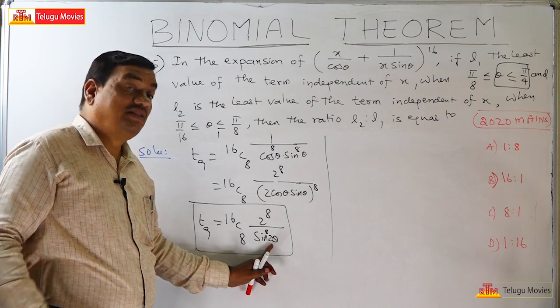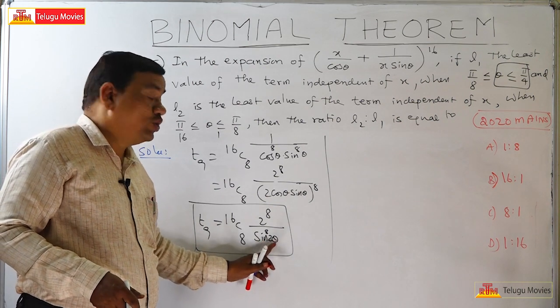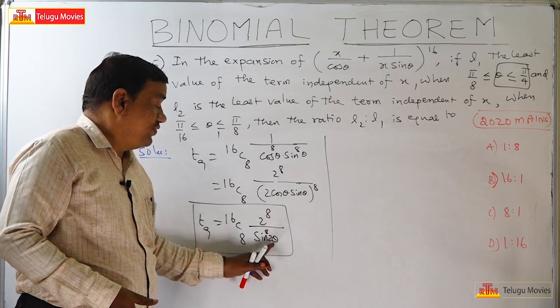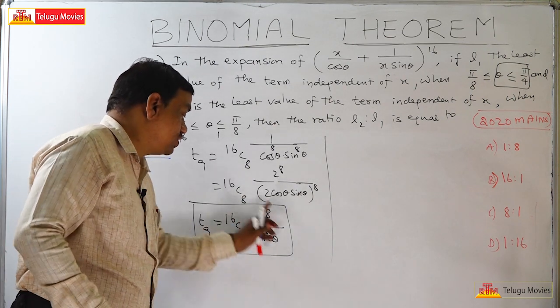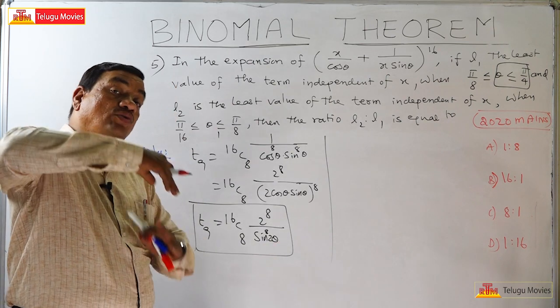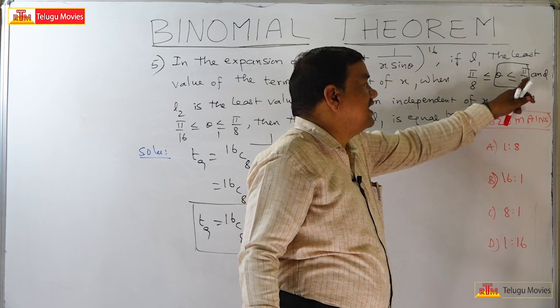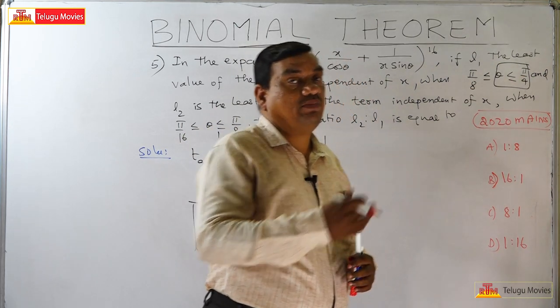See here, theta is in the denominator, sin 2 theta, so if you want to make the total term least, you have to take theta at its maximum value. Which is the maximum value in pi by 8 less than or equal to theta less than pi by 4? Pi by 4 is the maximum.